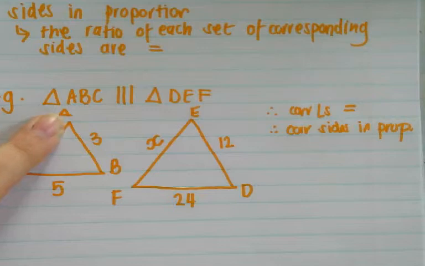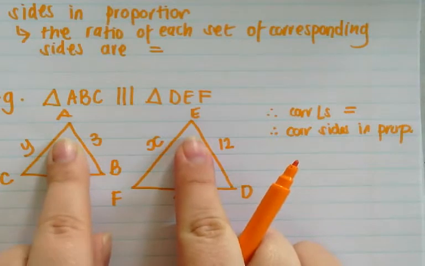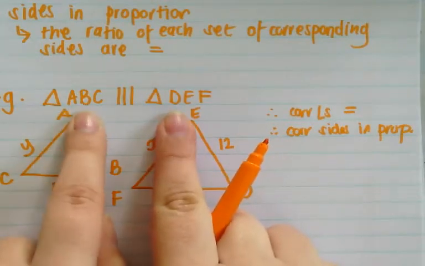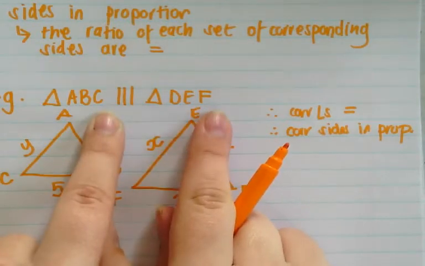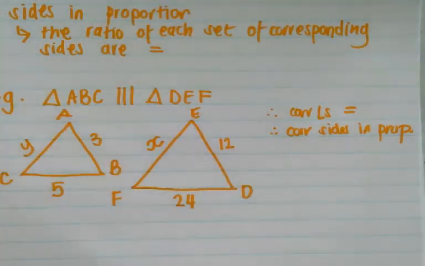Remember, it's not about what you see, it's about how the triangle is named. Just because they are both on top does not make them equal angles. A must be equal to D, B must be equal to E, and C must be equal to F. Not how you see it.